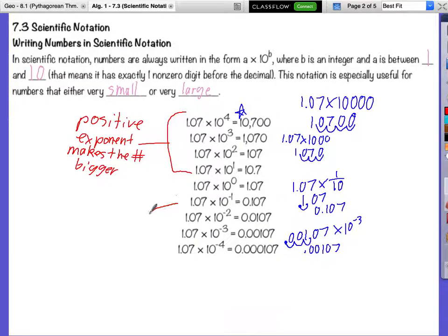What do you think I'm going to say about the negative exponents? Yeah, the negative exponents, so go and write that in. Negative exponents make the number smaller.